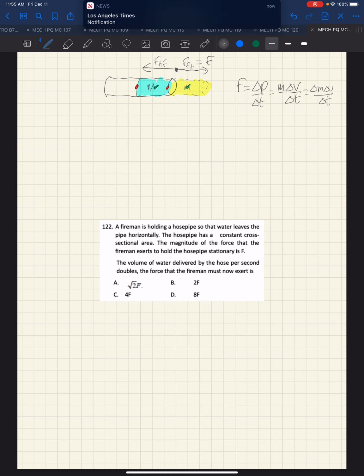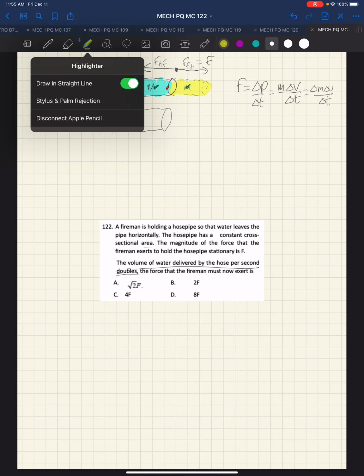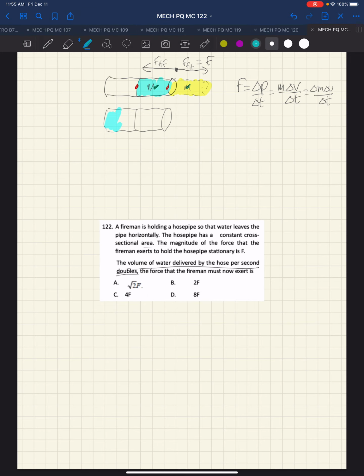Now, let's consider that pipe under the new circumstances where we are told the volume of the water per second doubles. So let's imagine what happens. For us to get twice the volume, we are now looking at that much volume, and that volume is going to move here like so.